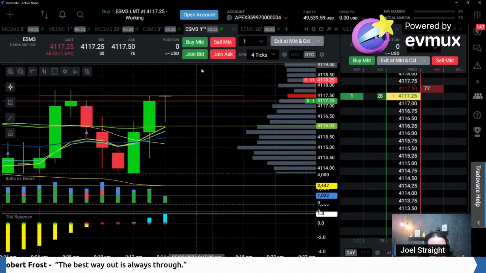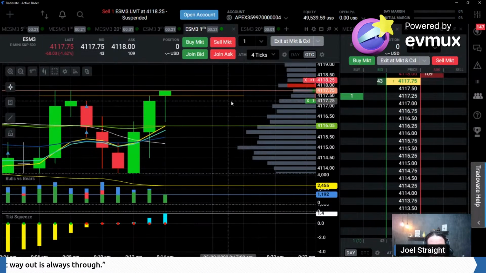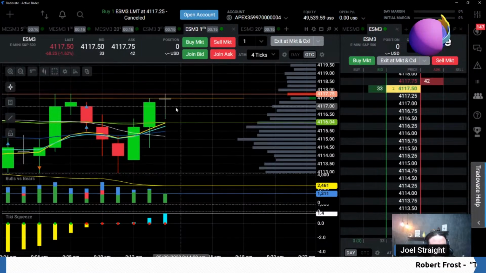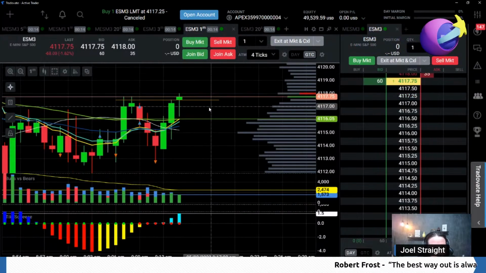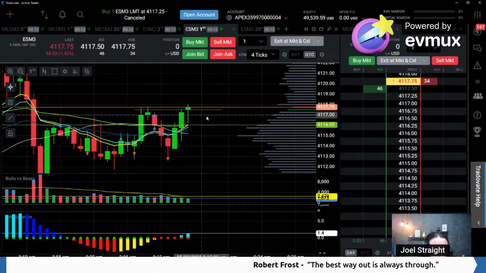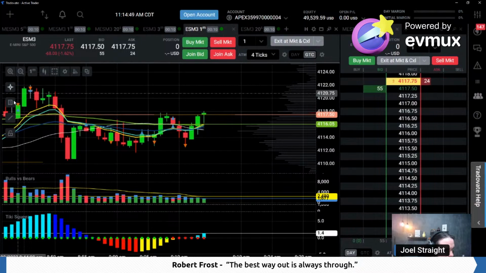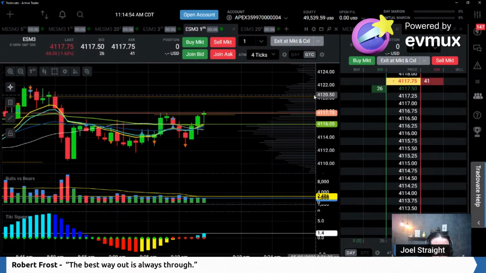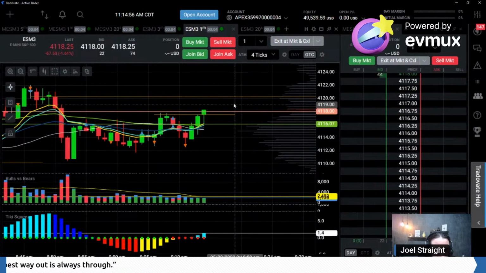Going to take a single tick, or it didn't even fill, man. I was going to essentially take that pop right there with one contract. We also have resistance here at 20.